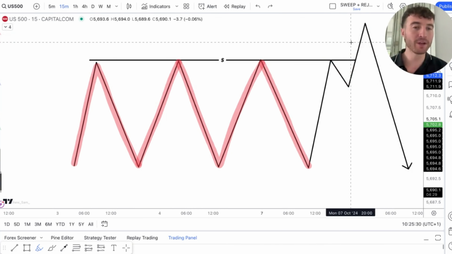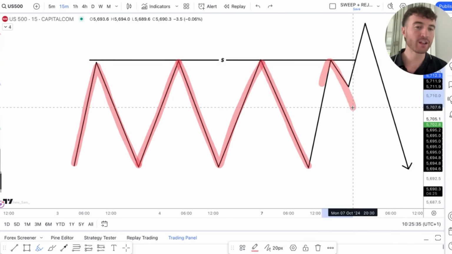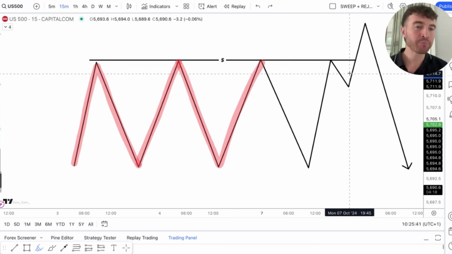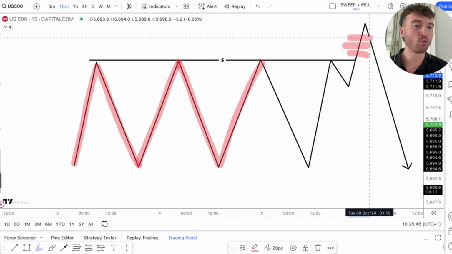So retail goes short, thinking this is going to be the short trade, and retail also go long on the breakout right here.